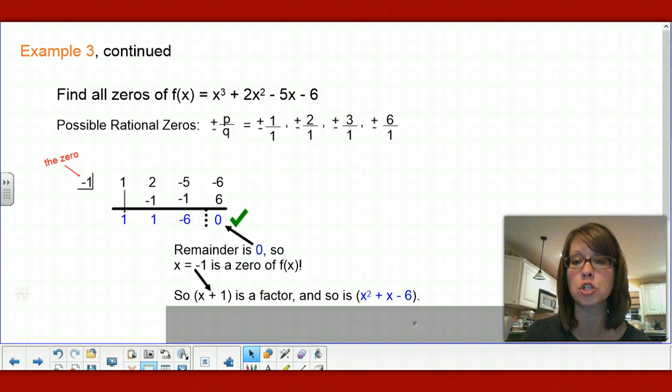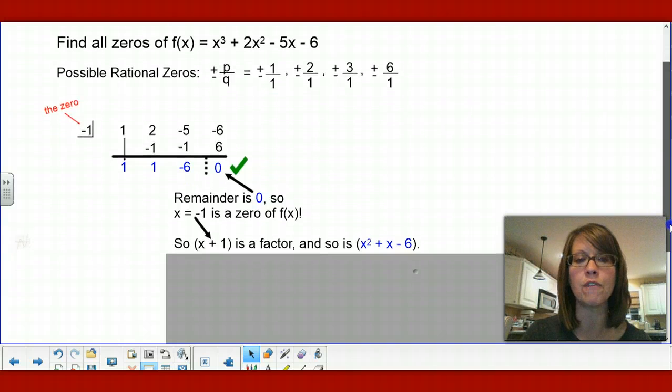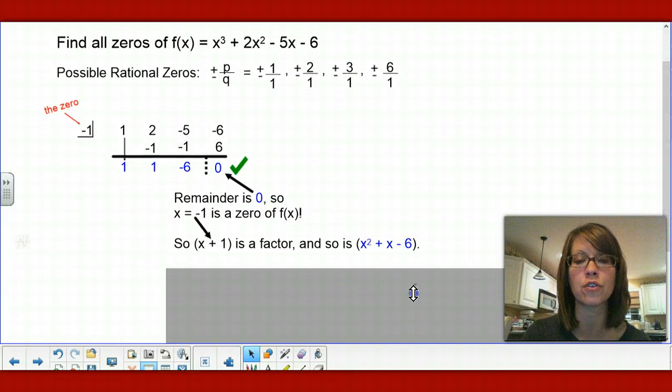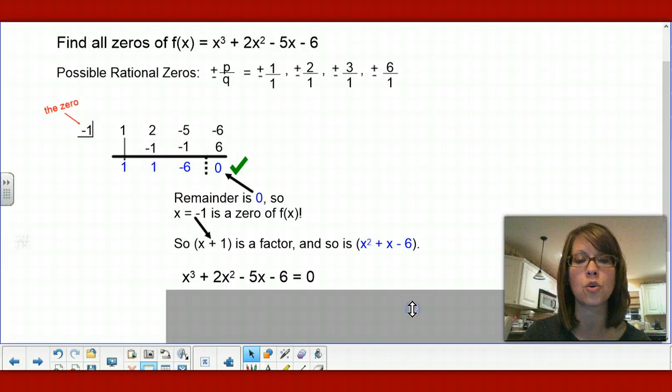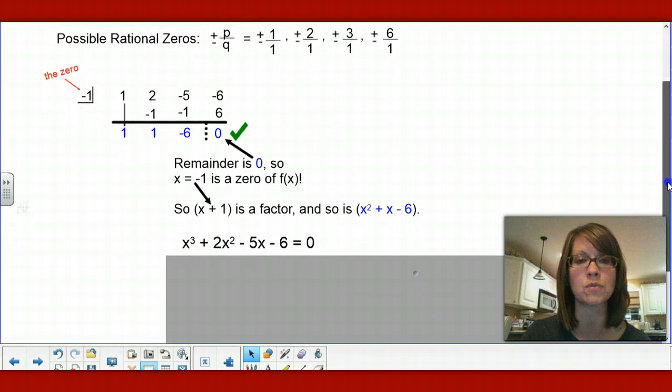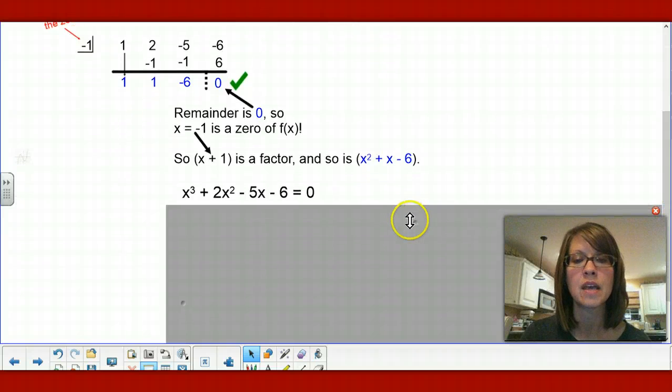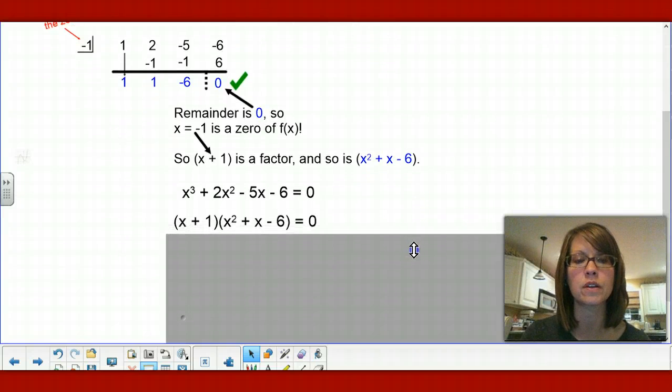So what I'm going to show you is our f of x written in factored form. We have x cubed plus 2x squared minus 5x minus 6, and we're setting that equal to 0. Then we can break that up to be x plus 1 and x squared plus x minus 6. Remember that came from the x equals -1 factor and this 1, 1, -6, the coefficients of our depressed polynomial.